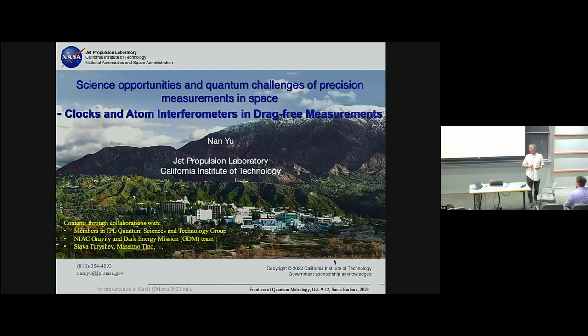I thought I'd provide a more unified perspective of clock and atom parameters in the context of discussing drag-free measurement, because when you talk about gravity measurement, you inevitably have to talk about the drag-free, which means there's only gravity working on it.